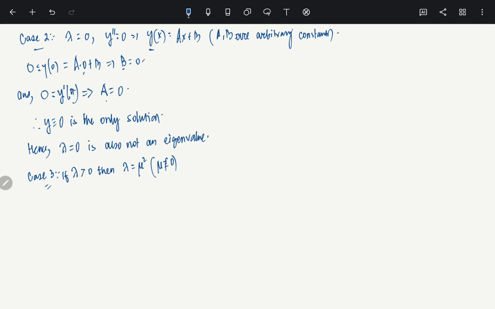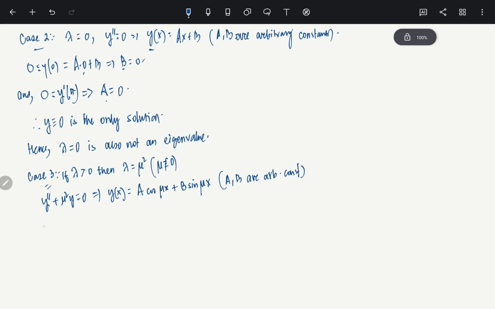Once I write it like this, the equation becomes y double prime plus mu squared y equals 0. That guarantees that y(x) will look like a cosine mu x plus b sine mu x. Again, a and b are arbitrary constants. Now our first condition is y(0) equals 0.